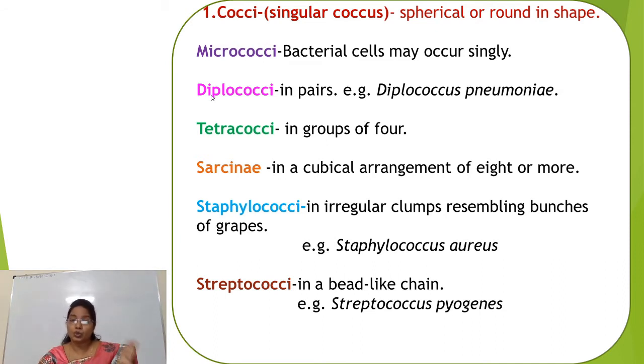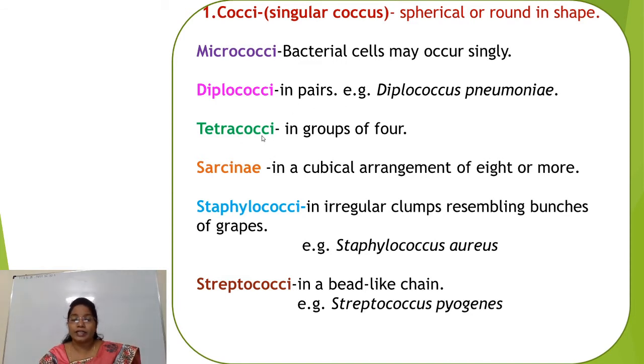Diplo means two, cocci means spherical. So when spherical bacteria are present in pairs, they are called diplococci, and the example is Diplococcus pneumoniae. This bacterium causes pneumonia disease.